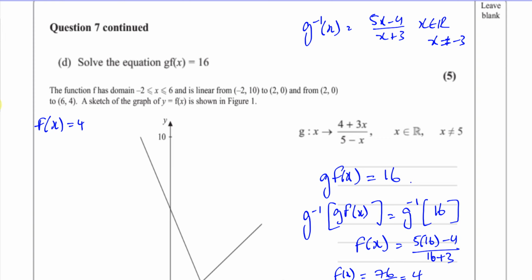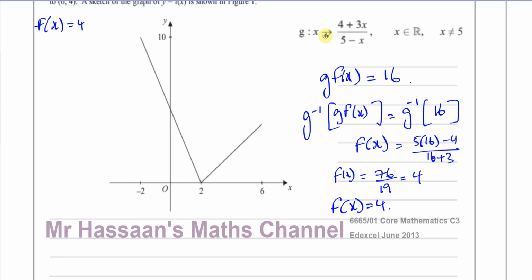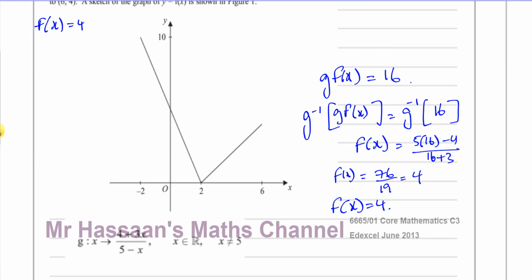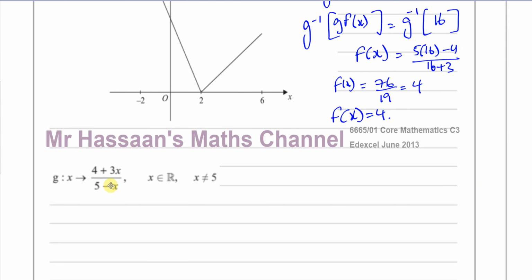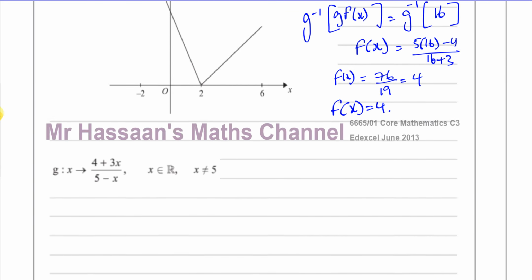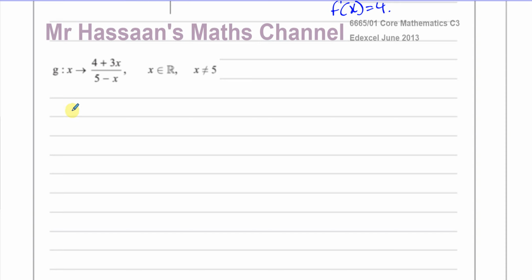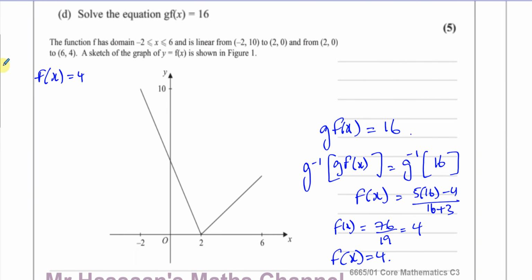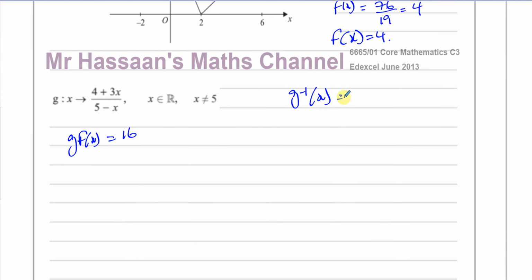So I'm going to take the function and the inverse function. I'll just put this down here for now. There's another method which I think is actually nicer than the method that I just showed you. So you've got g f of x equals 16. And the inverse of g of x, which we said was 5x minus 4 over x plus 3.